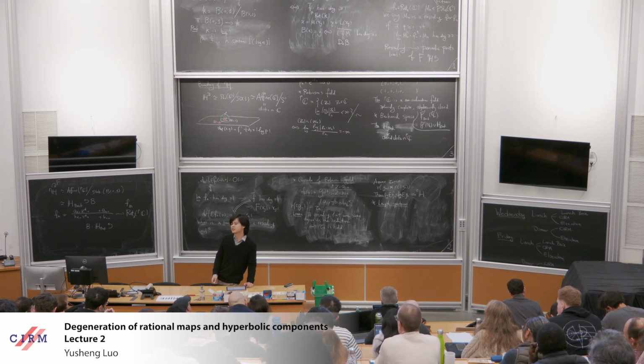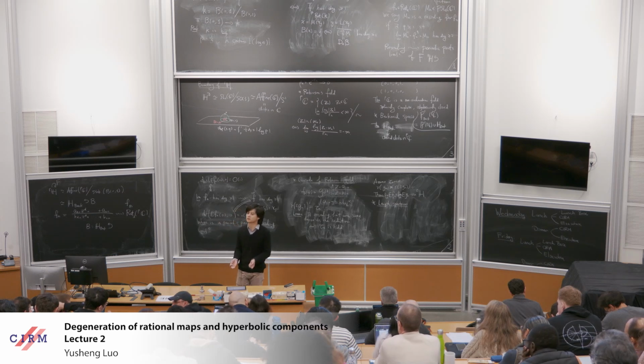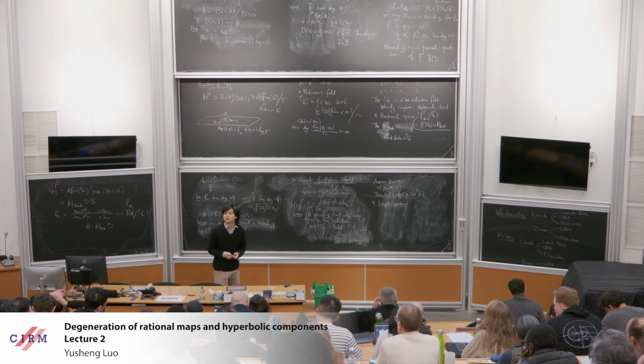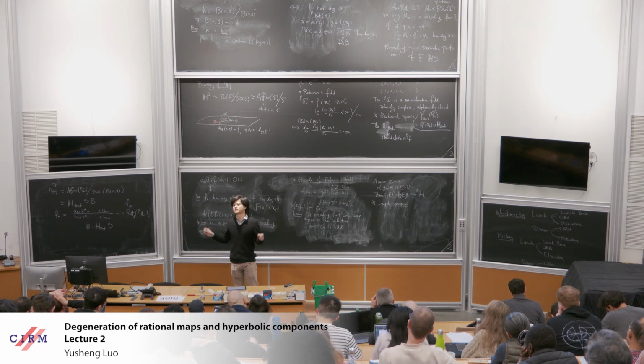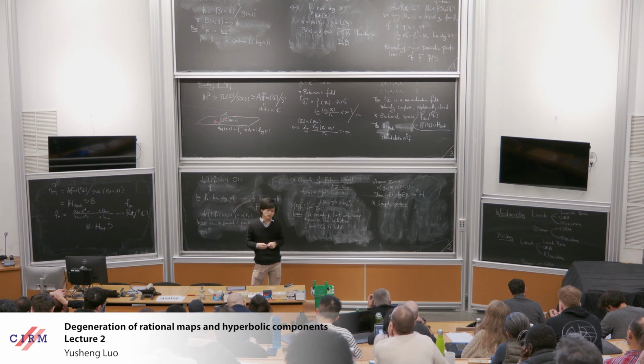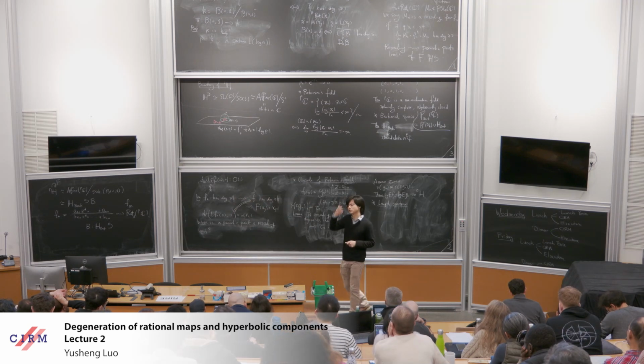Yes, this only happens if you're working with sequences. But sometimes you're forced to work with sequences because you don't have a nice algebraic description of your degeneration. And you do actually see that even when working with the principal hyperbolic component of a polynomial. You do see these different rates of degeneration there.